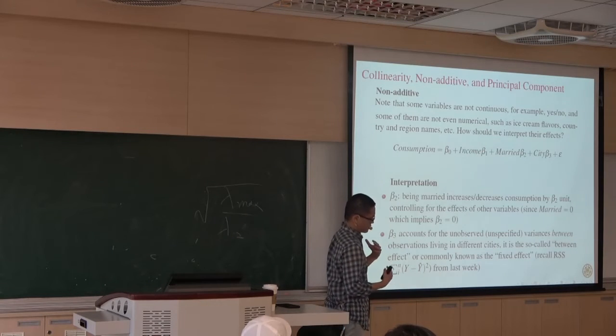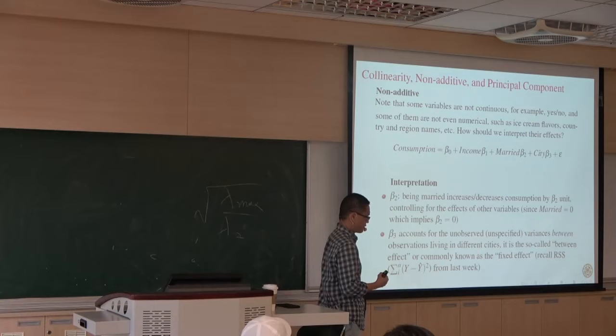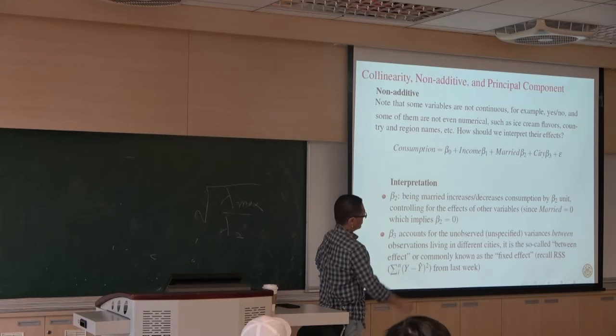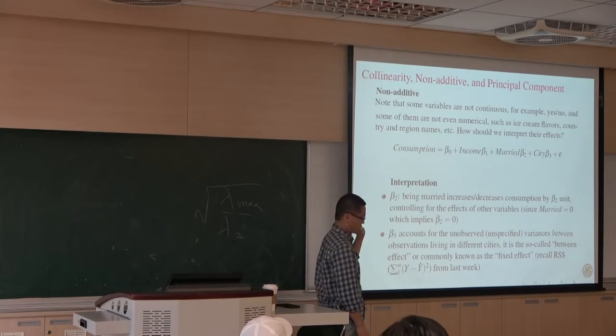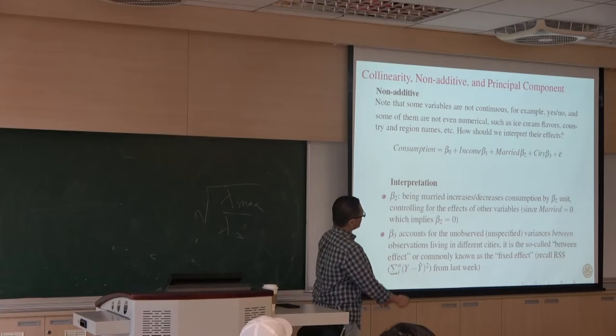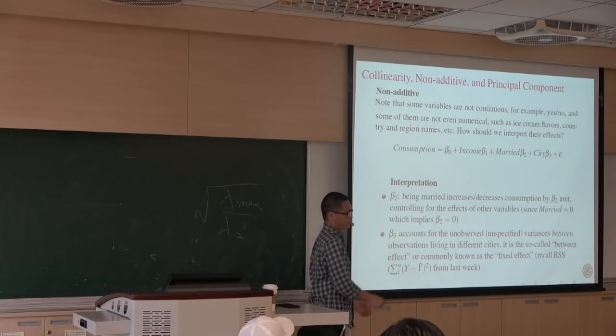Suppose you want to investigate how each of these explanatory variables is associated with people's consumption pattern. We have several variables. People's income is a continuous variable, so the interpretation is linear additive, assuming it's linear additive. Married is just a binary.